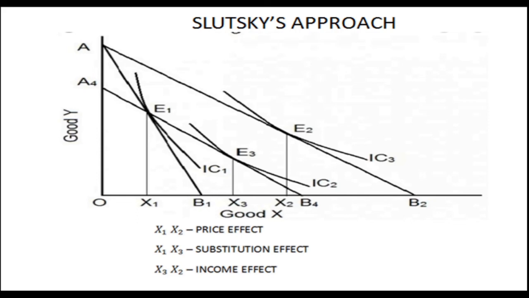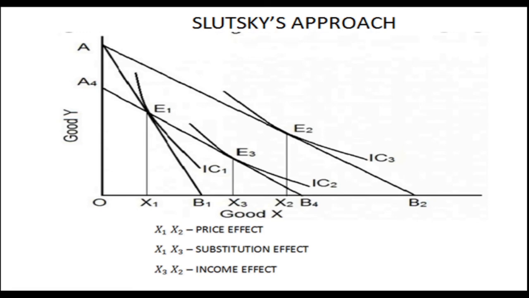So after the reduction of money from the total income of the consumer, the new budget line is shifted from AB2 to A4 B4 because of the reduction of money income.